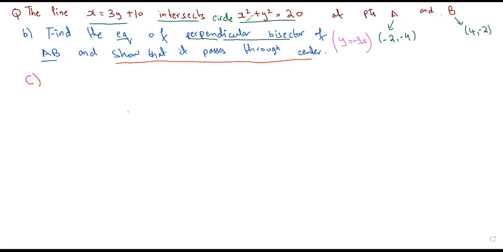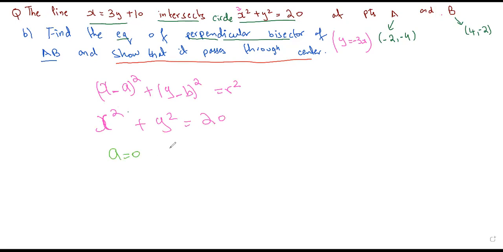If this is your equation of the circle, we know that general form is (x minus a) square plus (y minus b) square equals r square, right? And the equation in the question is x square plus y square equals 20. So what can we interpret? Can we say that a is 0 and b is 0 in our equation, right? We don't have any number here and here. This means that the center is (0, 0).